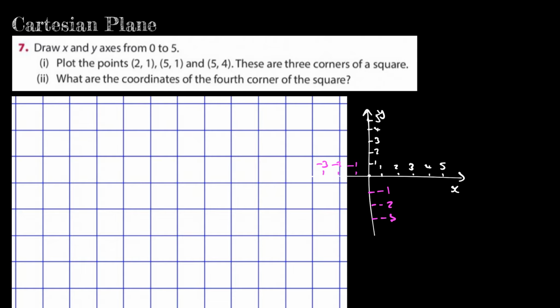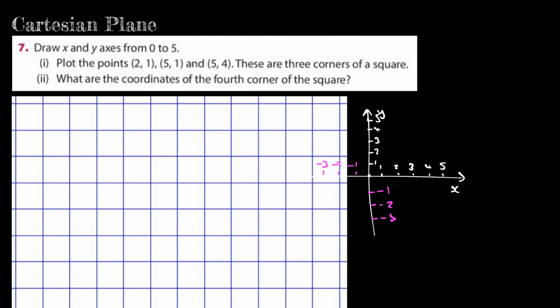So start off by finding a point. Okay, so let me just get the right color there for you. So let's do this in black. Okay, so the way I do this is I'd start off by finding a point.